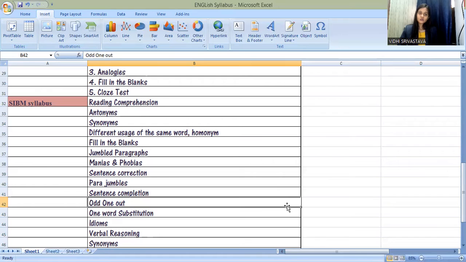You can get 2 to 3 paragraph RCs in CAT and XAT, but the complexity will be quite higher. You can get a 1 para RC in NMAT, where the complexity can be very low, very basic. You can get 5 to 6 para RCs in IIFT, and the complexity will be on a medium level, so you have to prepare accordingly.